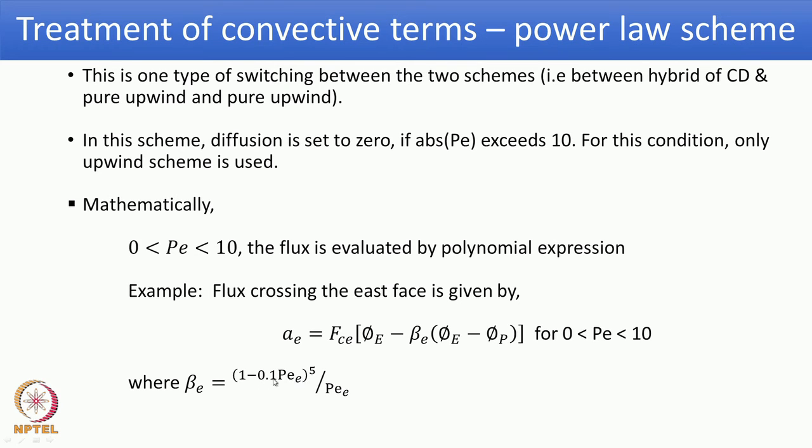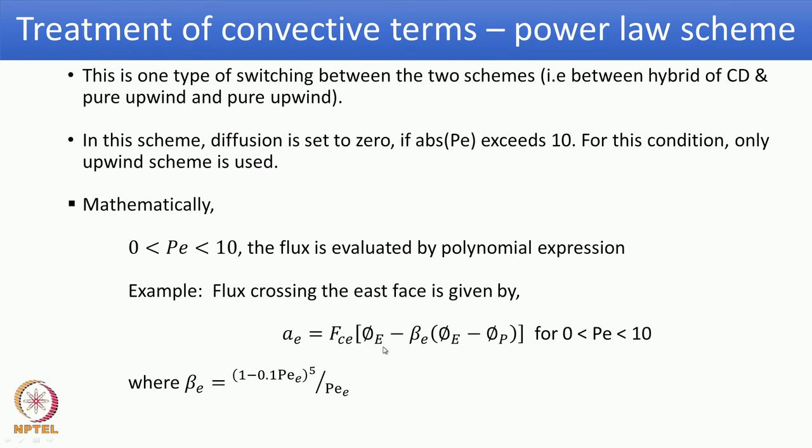So, 1 minus 0.1 Pe evaluated at the east face to the power of 5, divided by Pe evaluated at the east face. Just observe that if you substitute the limiting condition that Pe is equal to 10, then 1 minus 0.1 into 10 becomes 0. So, that is actually what is used here.